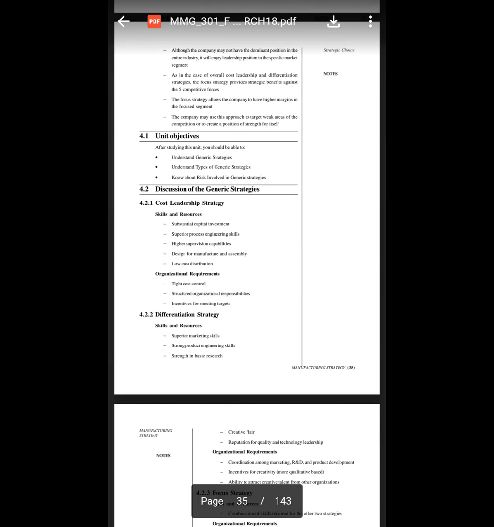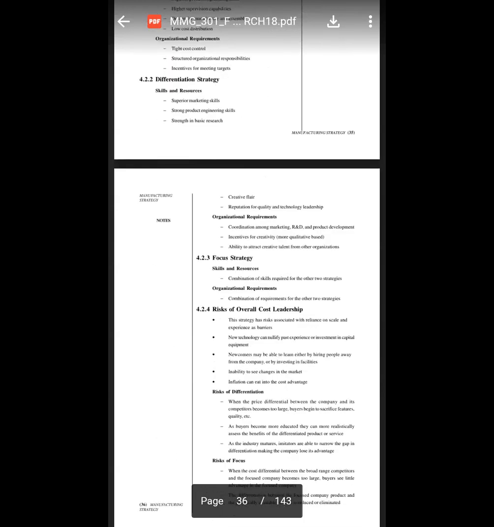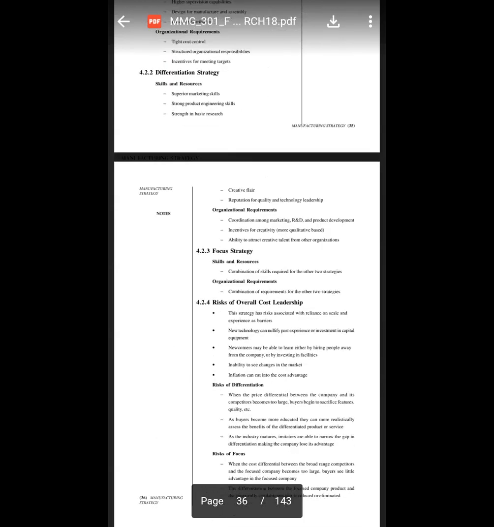Now, organization requirements: tight cost control, structured organizational responsibilities, incentives for meeting targets. Differentiation strategy, skills and resources: superior marketing skills, strong product engineering skills, strength in basic research, creative flair, reputation for quality and technology leadership.